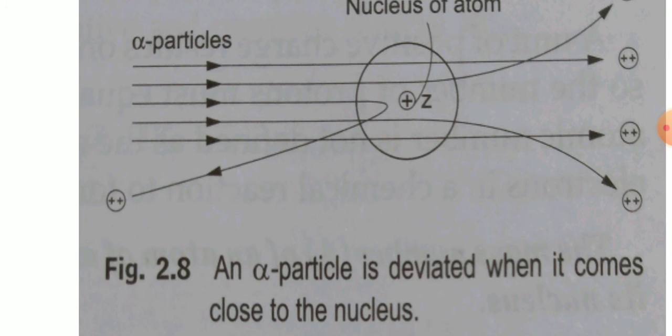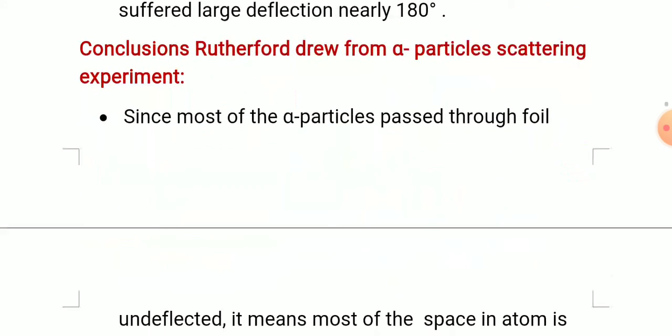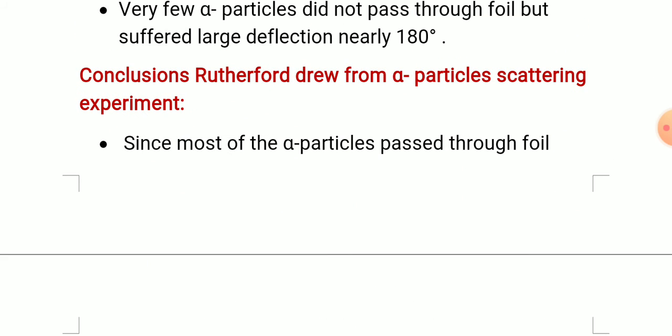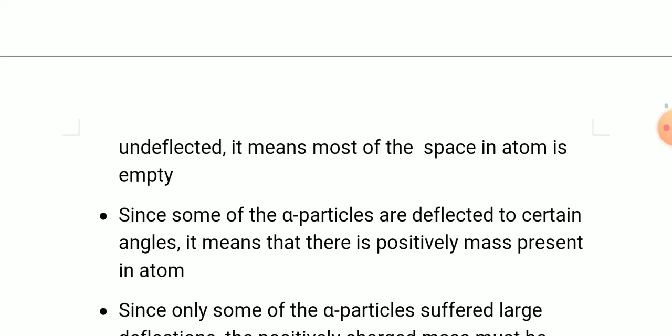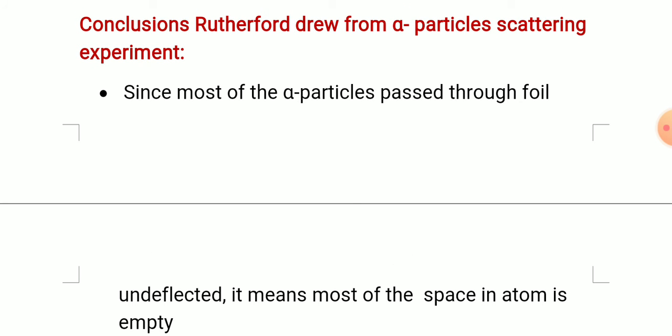From this, the conclusions of Rutherford's alpha particle scattering experiment are clear. Since most alpha particles pass through the gold foil undeflected, it means most of the space in an atom is empty.